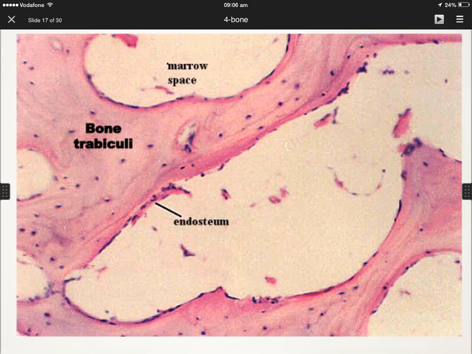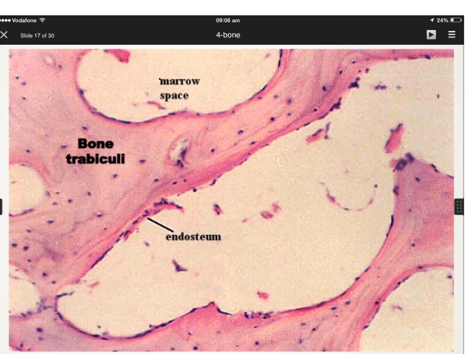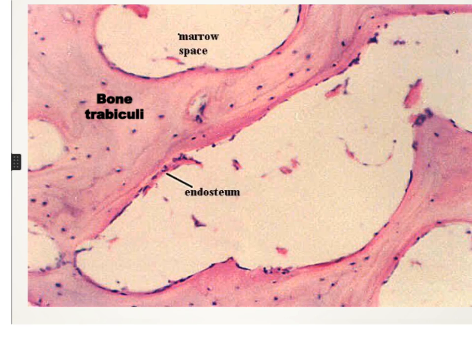This is another picture also for the spongy bone. We have here the bone marrow cavity. All of this is the bone marrow cavity. It is lined by the endosteum, which contains the osteoblast.